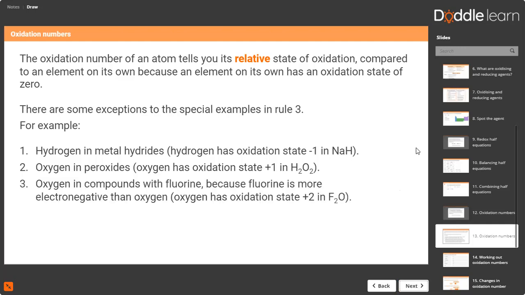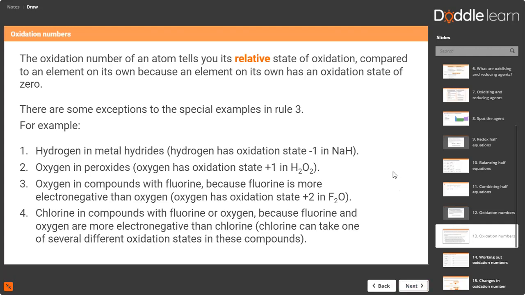And then we also have oxygen in compounds with fluorine. Because fluorine is more electronegative than oxygen, oxygen has an oxidation state of +2. And obviously, like we said before, it would normally be -2. And finally, chlorine in compounds with fluorine or oxygen, because fluorine and oxygen are more electronegative than chlorine.